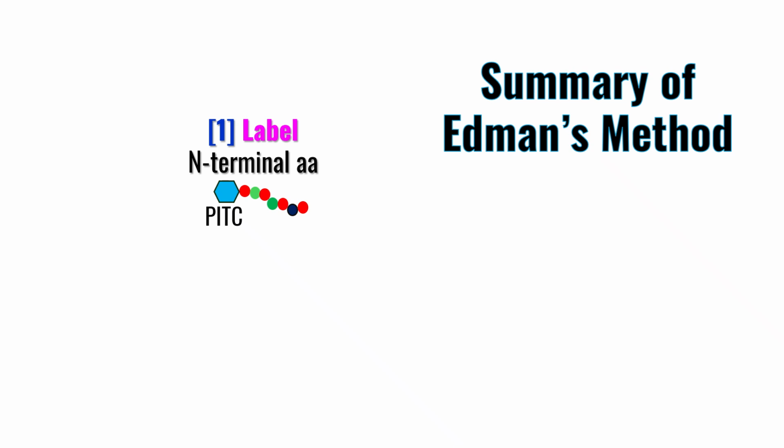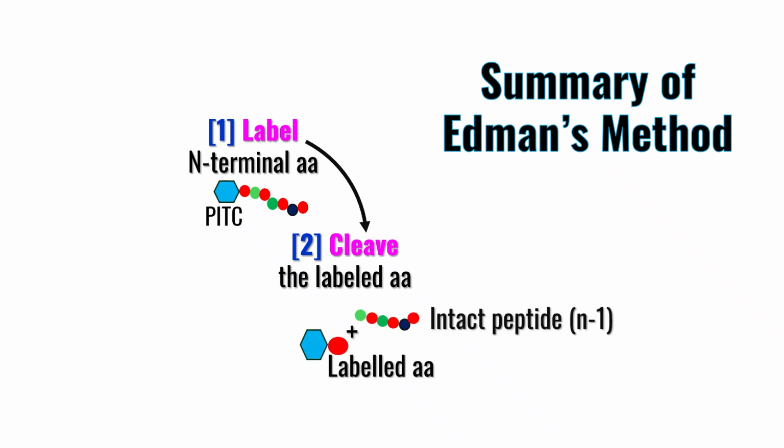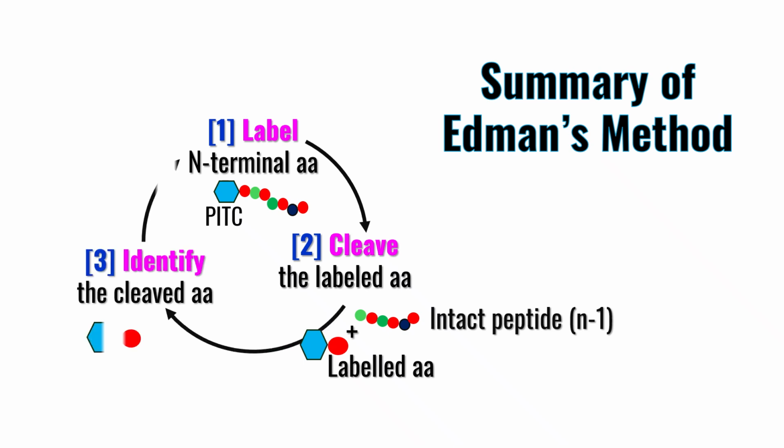So in summary, the Edman method also completes in 3 steps. First step is labeling of N-terminal amino acid with PITC. This labeled amino acid is hydrolyzed with mild HCl, which selectively liberates the first amino acid, leaving the intact peptide, which is then recycled in the reaction. It means the amount of protein required is much less, in the range of nanogram to microgram quantity.